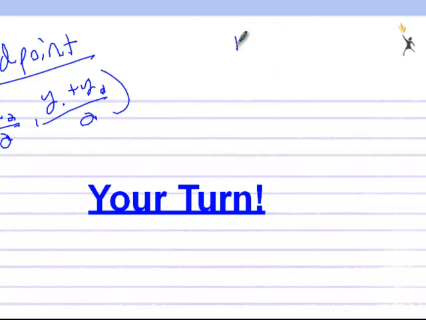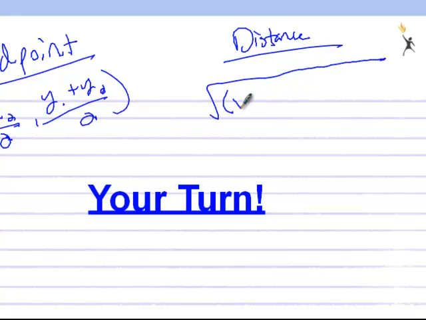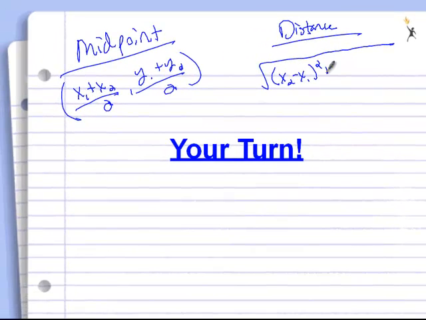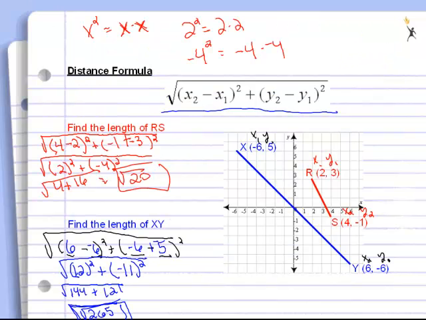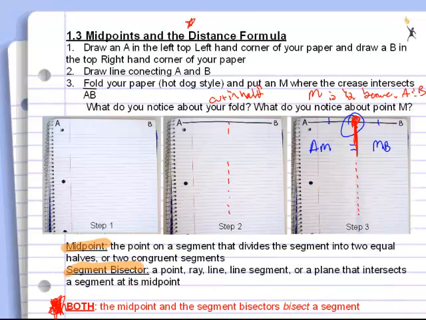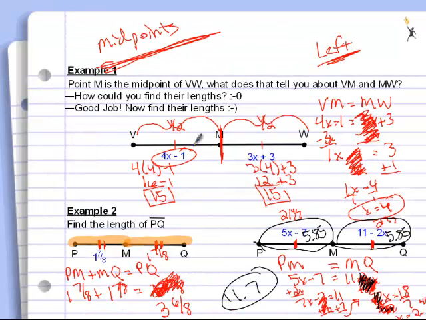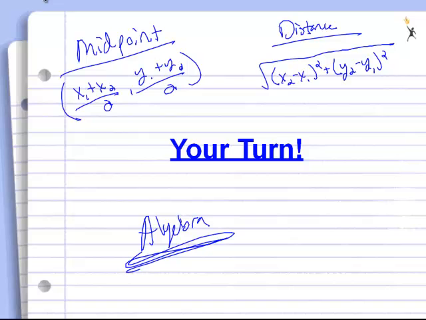And then you're also going to be using the distance formula, and you're also going to be using your algebra to solve for missing pieces, like what we did in example 1, where you set two segments equal to each other, solve for the variable, put the variable back in, and find out what the pieces actually are. And that's it. I know that's a lot, and I know that this lesson took a long time, so let's go ahead and look at your homework now.